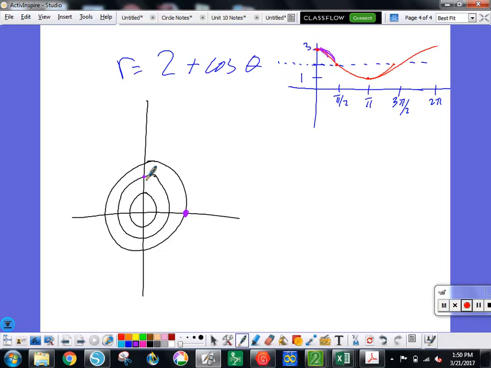Notice as my angle gets larger, meaning as I go that direction, what's happening to my radius? It's going down, and hence from 3 to 2. So I'm going to go ahead and sketch that. That was bad. Where's my undo button? There we go. Everybody see that? Yes, no?